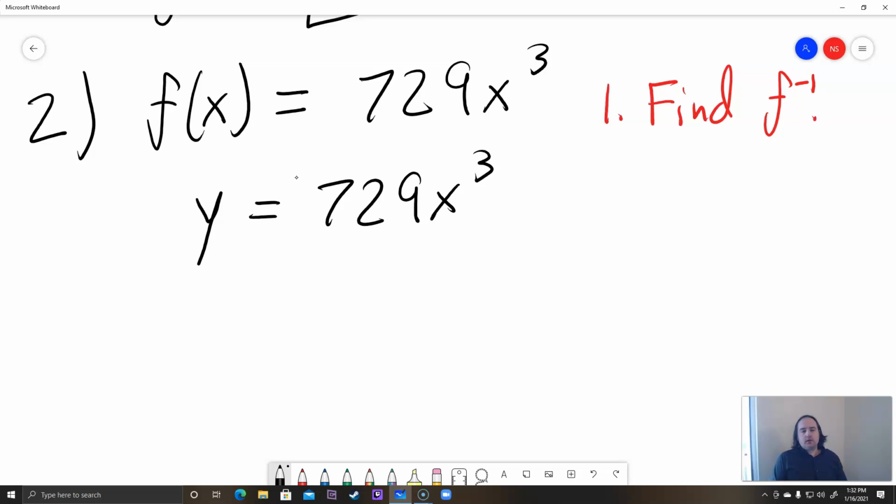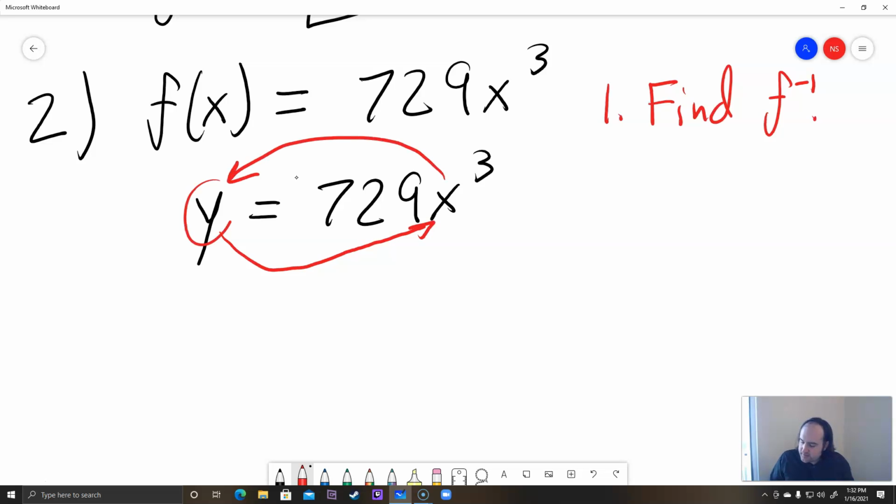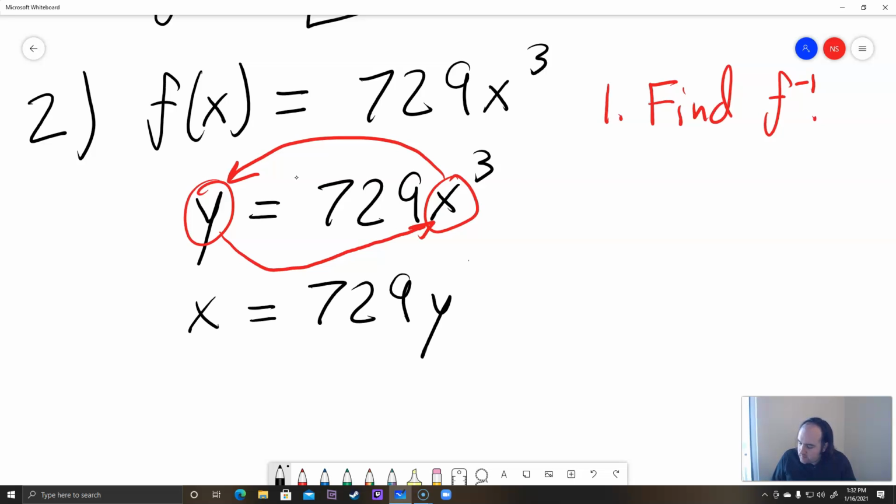Your second step is always to interchange or switch the variables x and y. And once again, you're only switching the letters. You're not moving powers or numbers or anything, just the letters. So we're going to have x equals 729 y cubed.